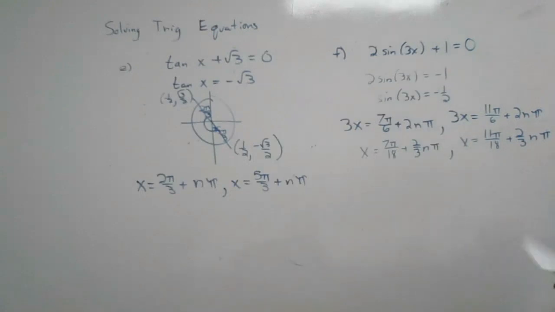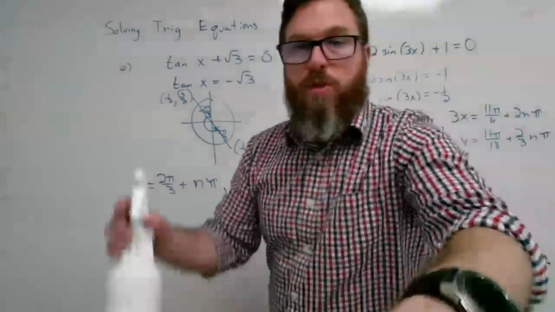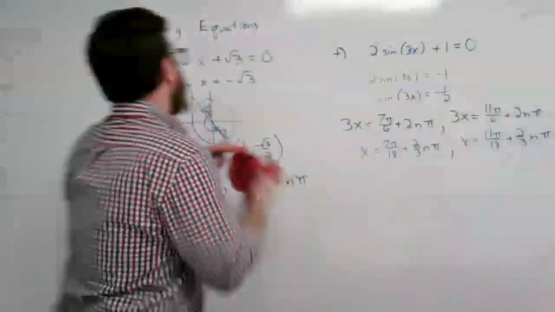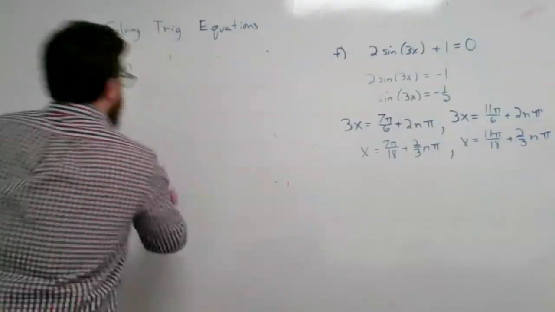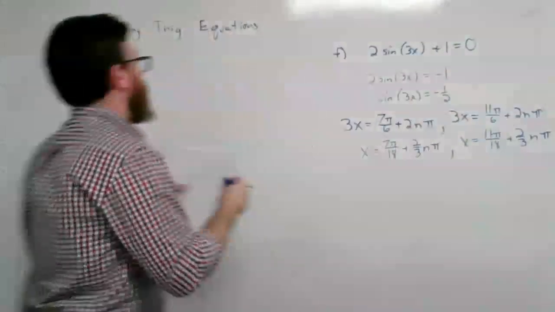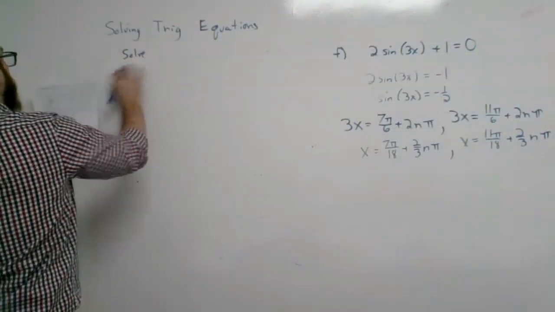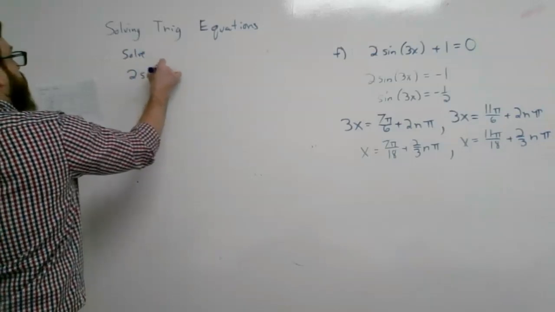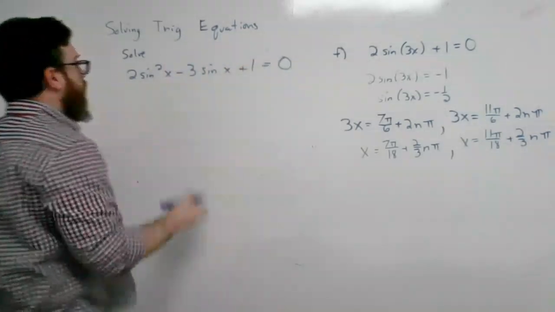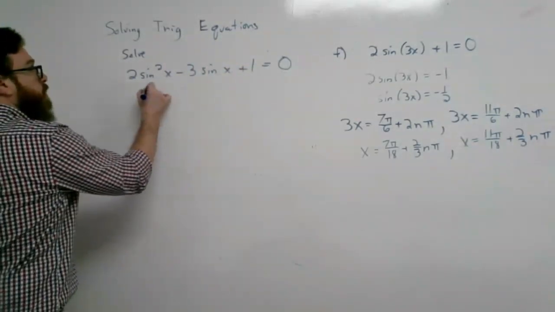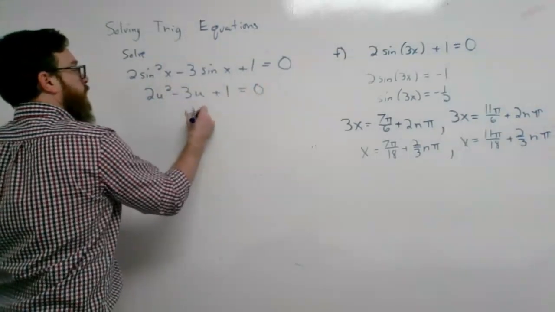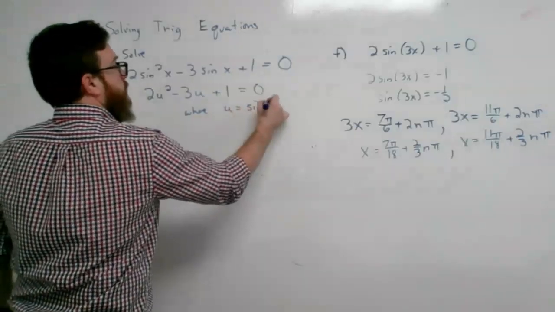Now the last example is what happens if we have a trig function that's in quadratic form. So what I'm doing is I'm composing a quadratic with a trig function. So if I want to solve 2 sine squared of x minus 3 sine of x plus 1 is equal to 0, this is of the form 2u squared minus 3u plus 1 is equal to 0, where your u function is equal to the sine of x.